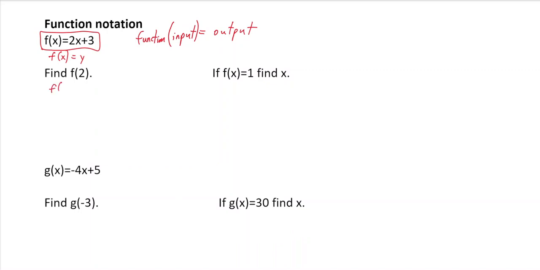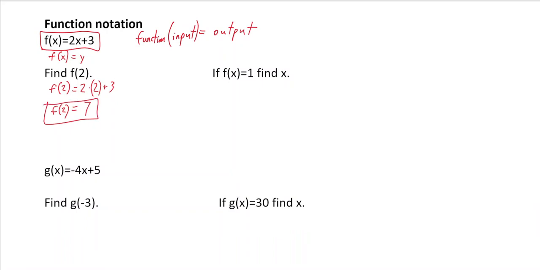We write f of 2, and because we replaced the x with the 2 there, we have to replace the x with a 2 everywhere. You can see in brackets, that's where I put the x. Then, simply, you have to solve it. So 4, so 7, and that would be your final answer.